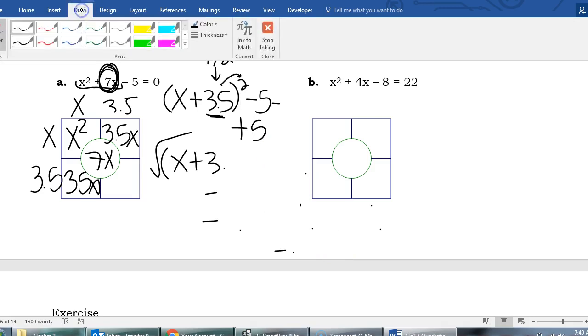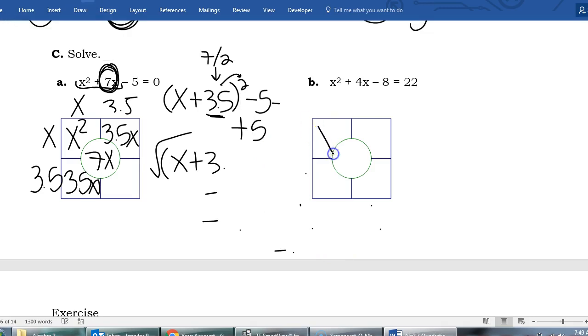Okay, so last one. x squared, 4x. Oh, I said I was going to do that. Let's pretend that this isn't even here. I can do that. I'm good at ignoring things. We're going to just take our 4x and we're going to split it in half.